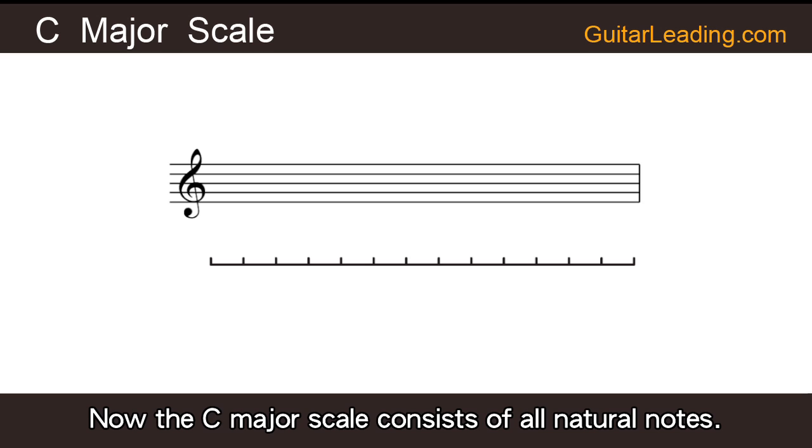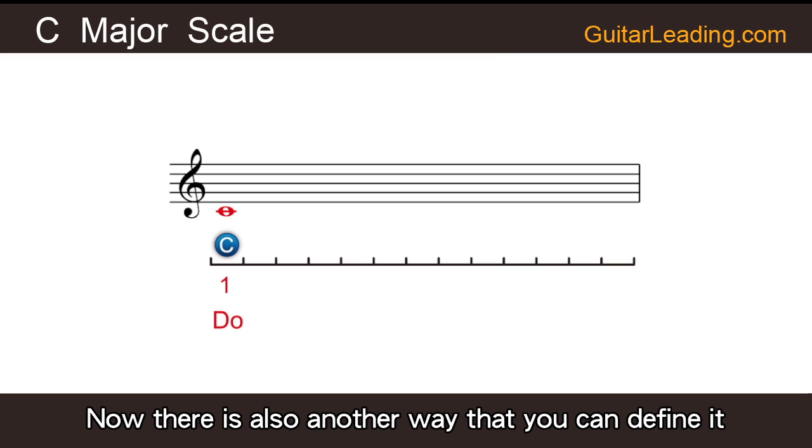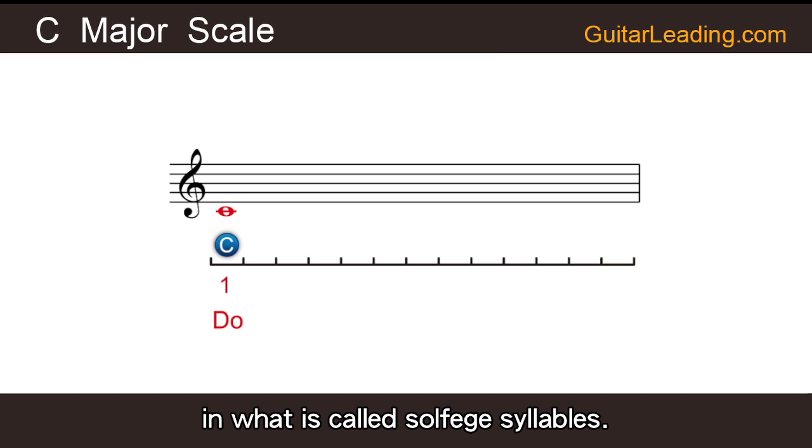Now the C major scale consists of all natural notes. So we see here that the first note of a C major scale is C. Now there is also another way that you can define it in what is called solfege syllables.